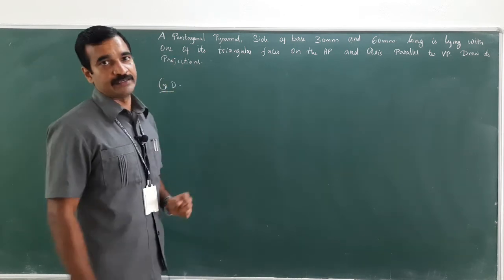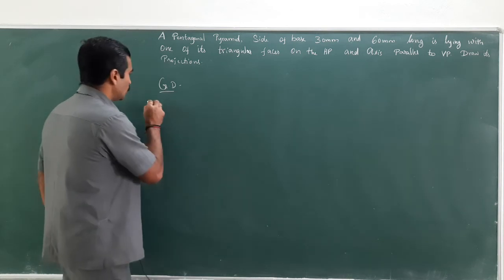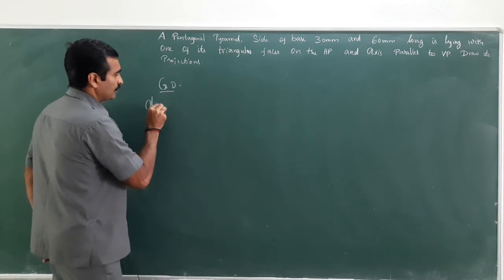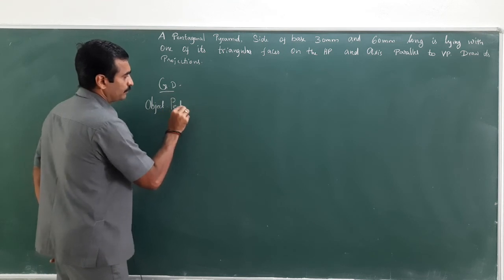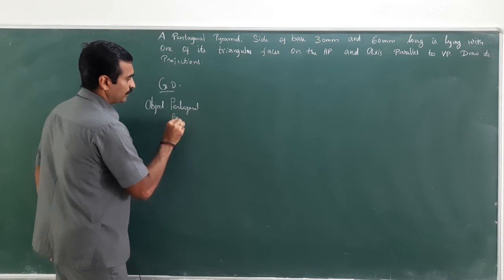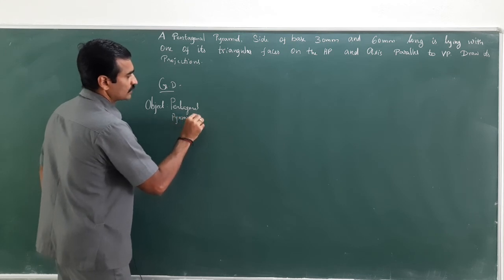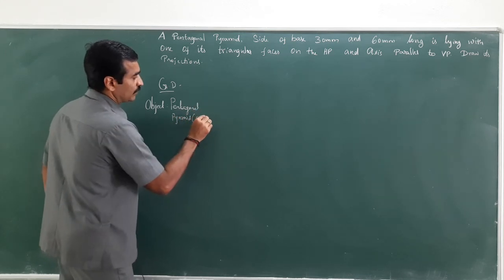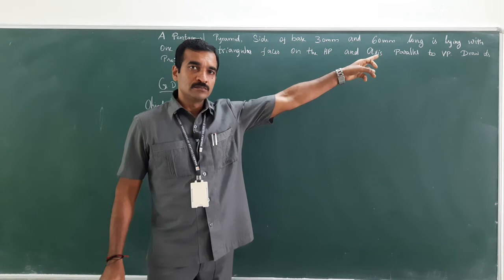So what has been given here? The object here is a pentagonal pyramid, of side 30 mm, and 60 mm long.